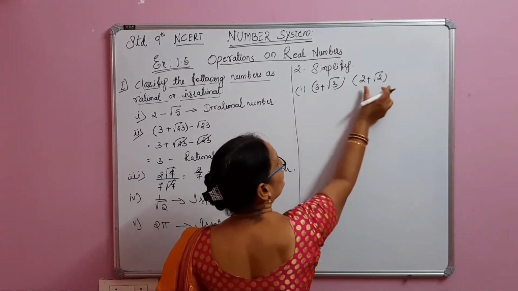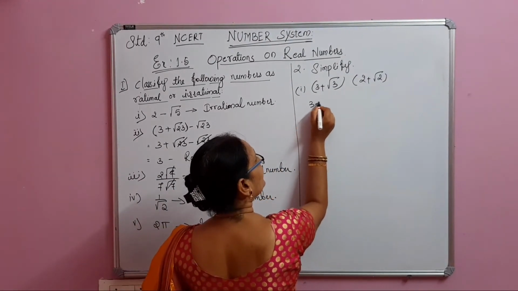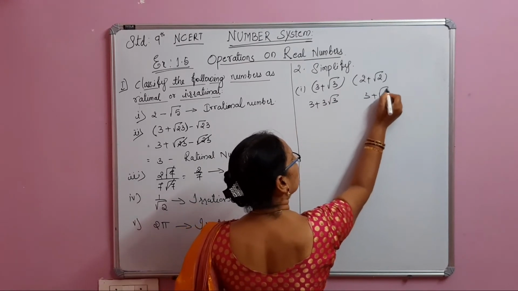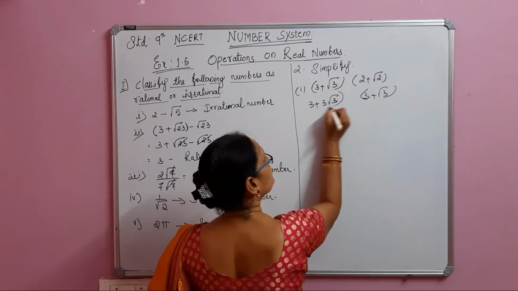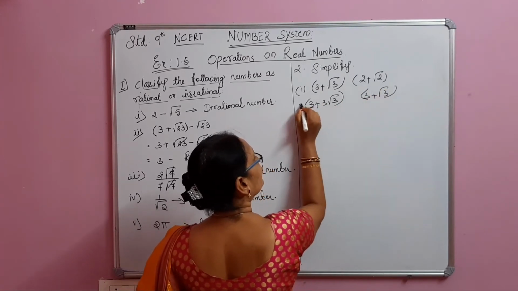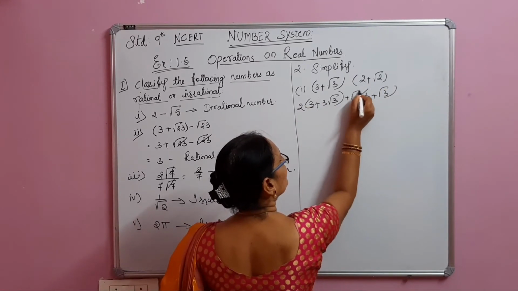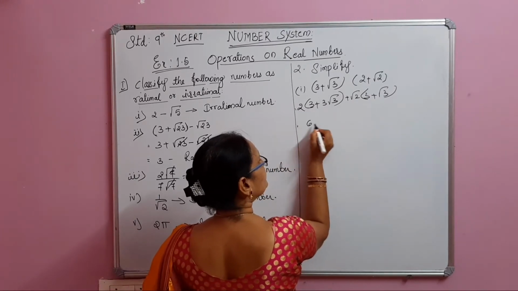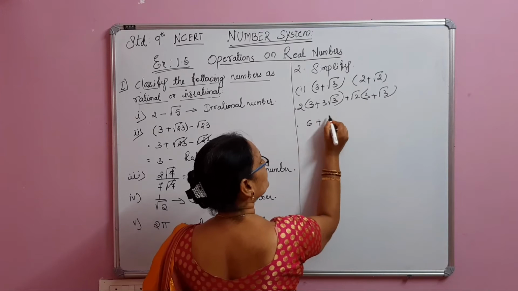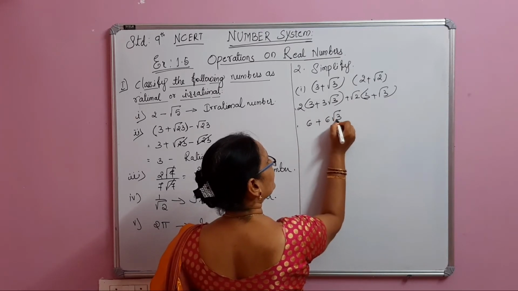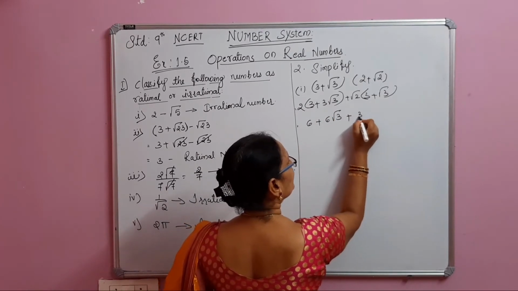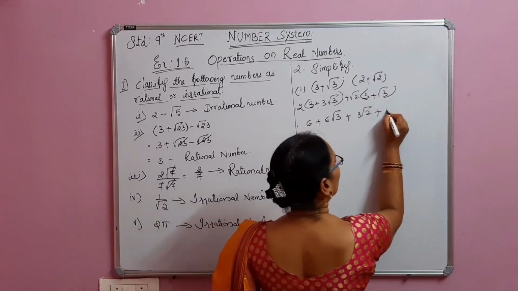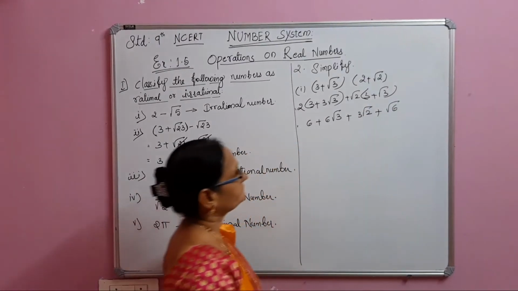See, this into this, that means 3 plus root 3 times 2 plus root 2. Writing the first bracket twice, the second bracket: 2 and plus root 2. 2 3s are 6, plus 2 times root 3 is 2 root 3, plus 3 root 2, plus root 3 into root 2 is root 6.